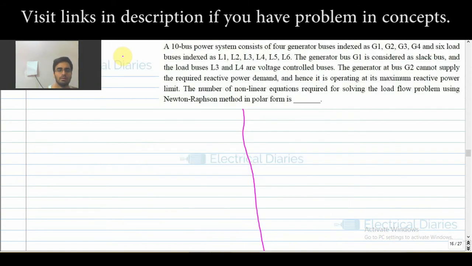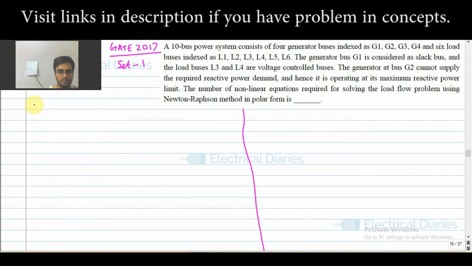GATE 2017 Set 1 power system questions we are doing. In this question it is given that a 10 bus power system consists of 4 generator buses indexed as G1, G2, G3, G4. So there are 4 generator buses.